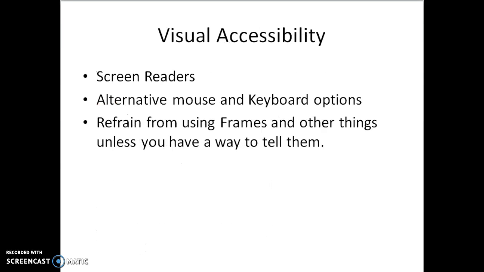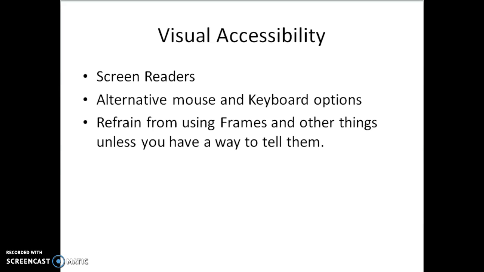Now, visual accessibility tends to have a few things. One is a screen reader, which means if you're blind, you can use this screen reader to read the article for you. Like if you're trying to find out what's going on in the news.